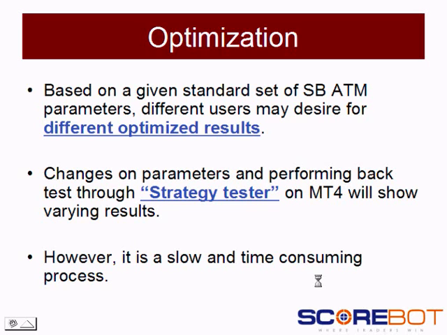Now, there are many users who start to make changes on a parameter and perform the back testing through the strategy tester on the MT4, which has been shown in the previous videos. And then by changing this parameter, each user will start to get varying different results. However, this is a very slow and time consuming process, if you want to achieve a perfect setting for yourself.